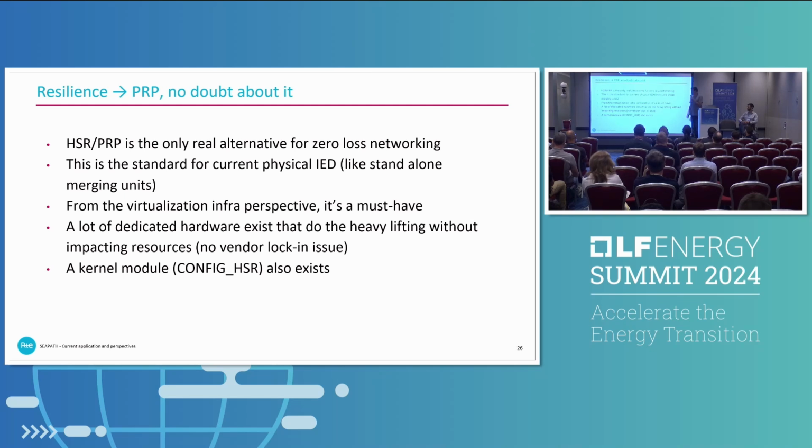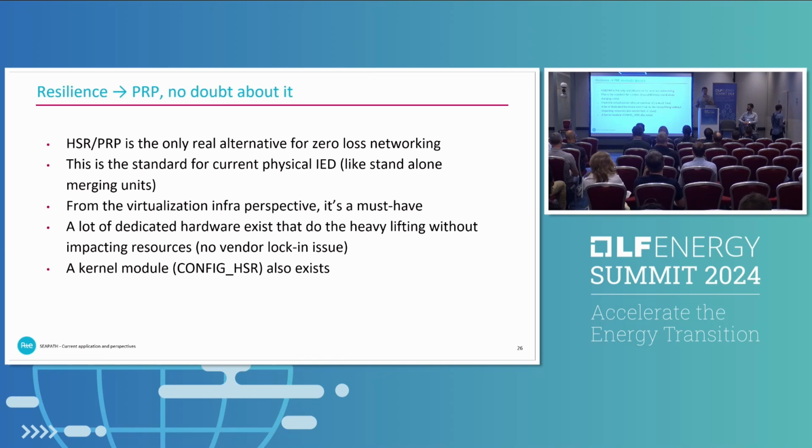So let's talk about resilience. You understand that of all the technologies I presented, only one is about resilience: PRP and HSR. It's basically right now the only real alternative for zero-loss networking. This is a standard. It has been developed for industrial networks. It's kind of a standard for the actual physical IED.